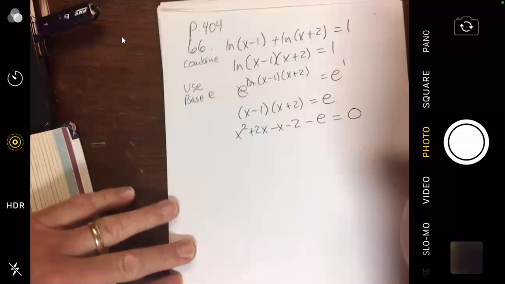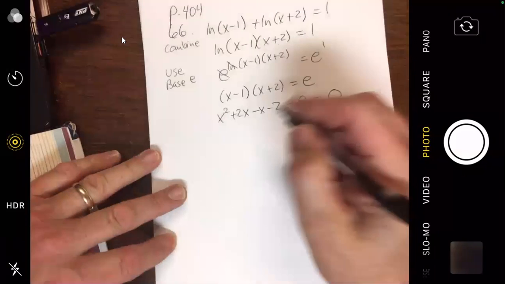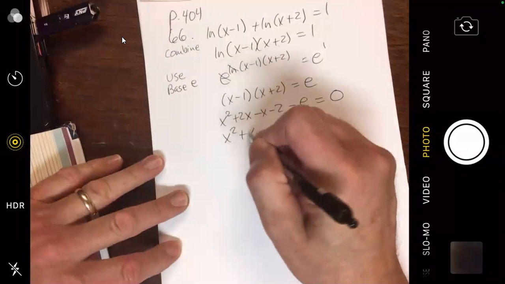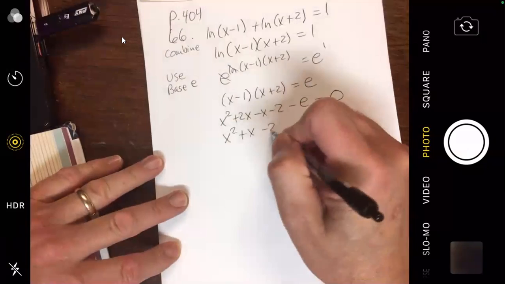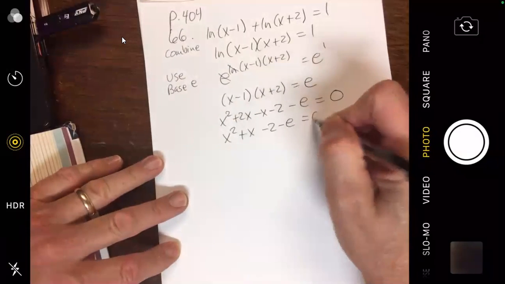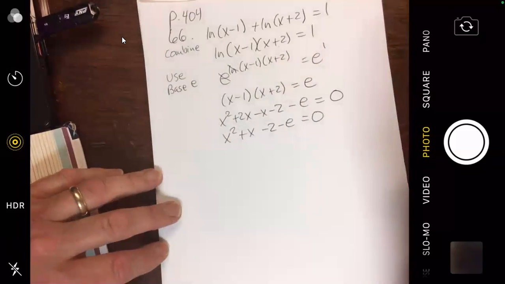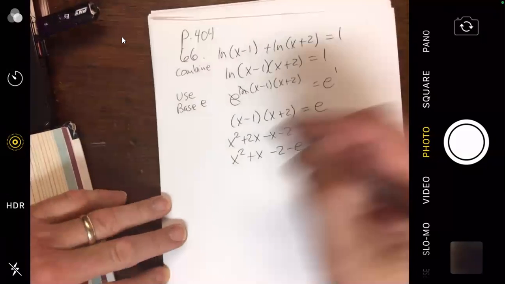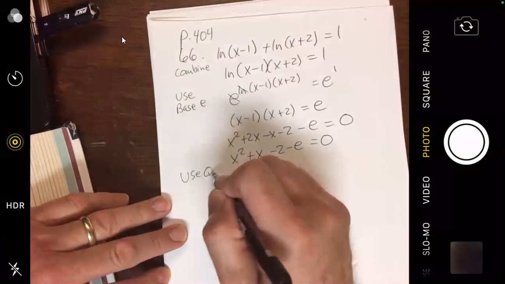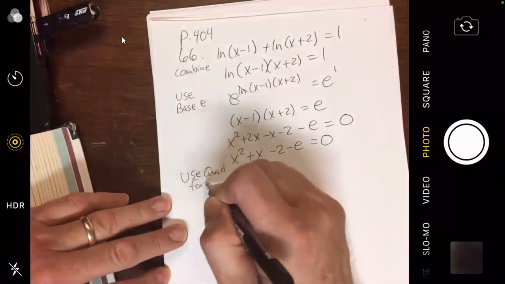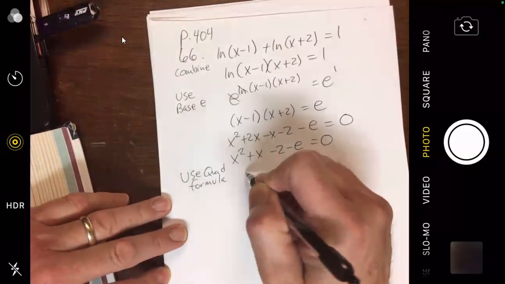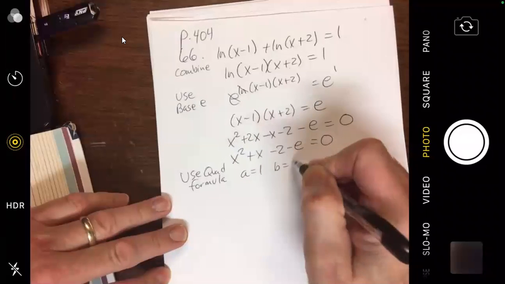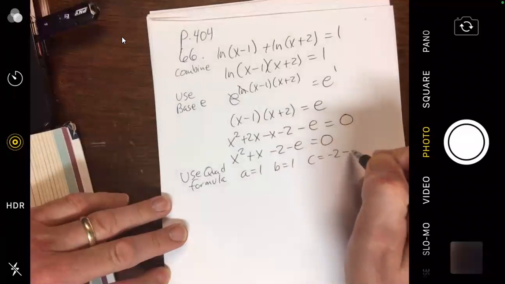This is not going to be a real clean quadratic here. Plus x minus 2 minus e equals 0. Looks like we're going to have to use the quadratic formula. A is 1, B is 1, and C is negative 2 minus e.